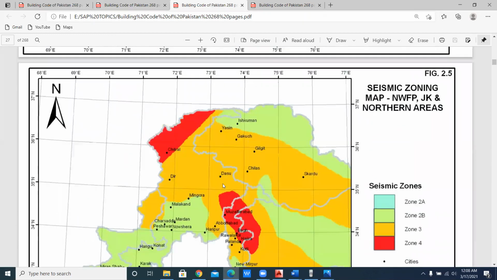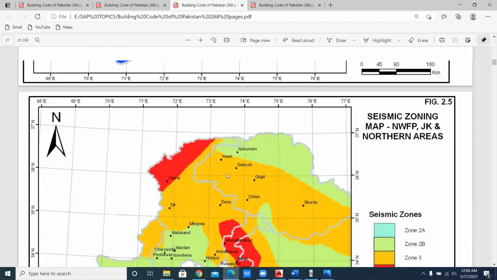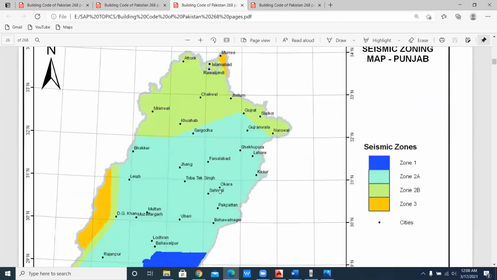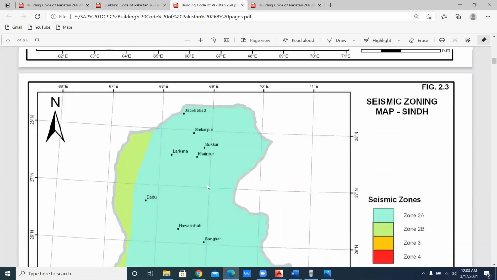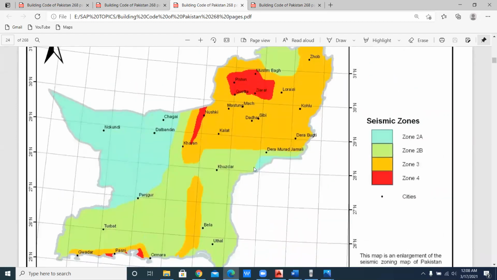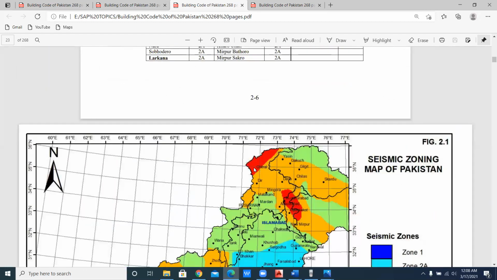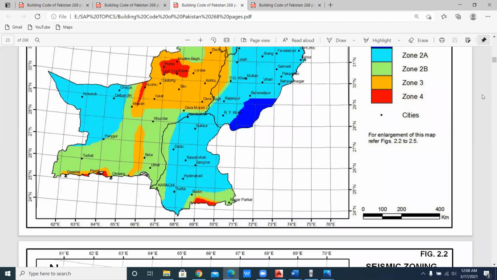This one is the map of NWFP, JK and northern areas. That is zone 2A, zone 2B, and basically this is a map of Pakistan, with Punjab, Islamabad, Rawalpindi, Chakwal, Khushab, Jhelum, and Sindh. This one is the seismic zoning map of Pakistan.